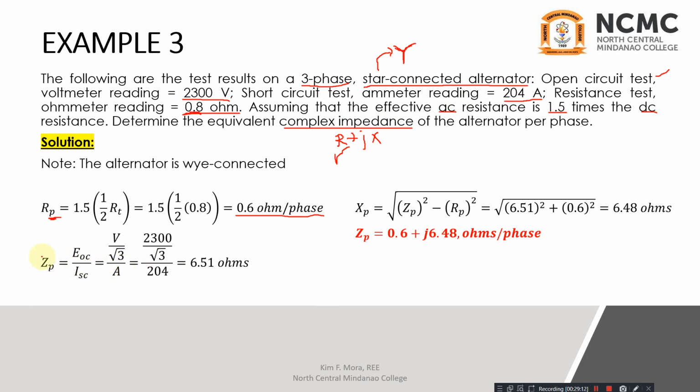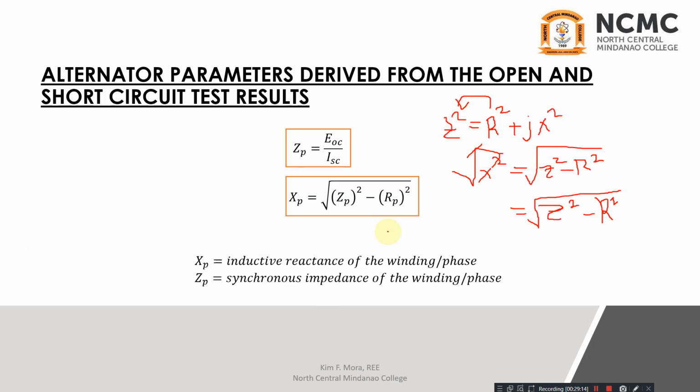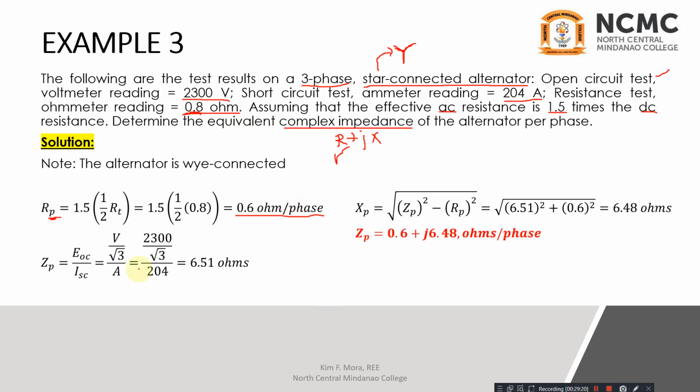Then once we have the impedance, we can use the second formula here to solve for X, or our reactance. So our impedance per phase is equal to the result of the open circuit test over the current of the short circuit test.